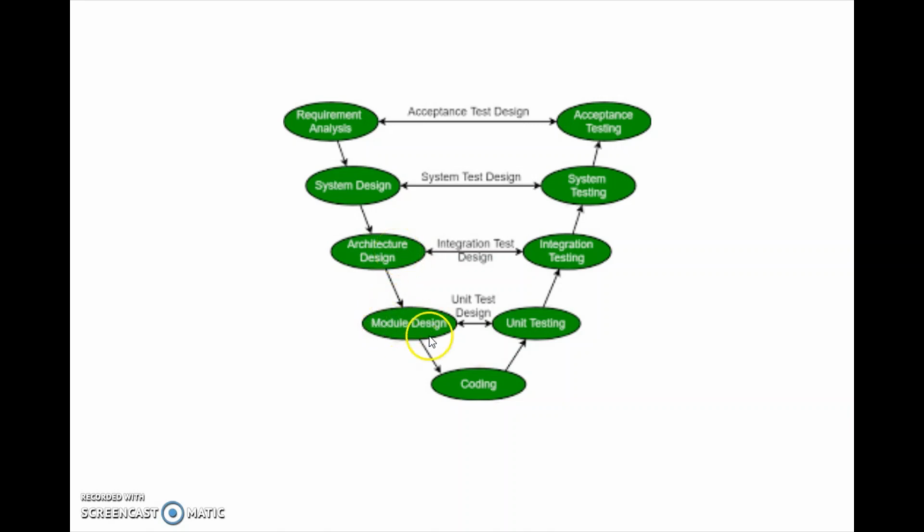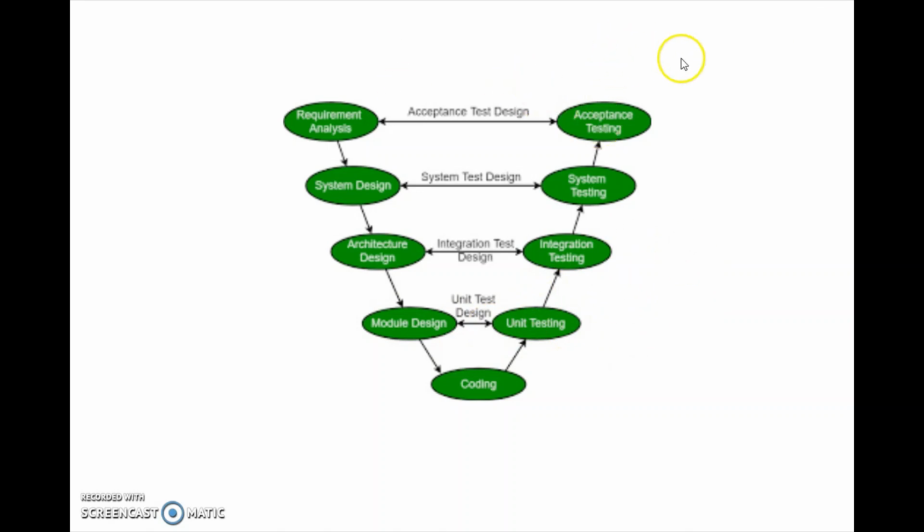And module design, sometimes also called low level design documents or the low level design phase, is where the module specification or the program specification documents that you create in the analysis and design phase in the second chapter correspond to unit testing.